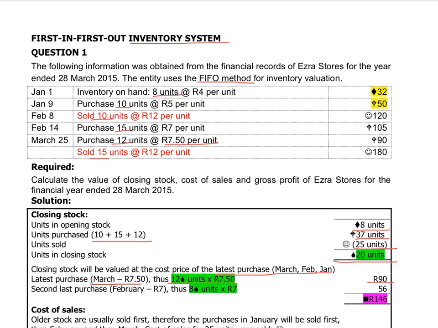We've got 20 units left over. In the last purchase there's 12 units, so we must have 8 units from the second last purchase, when we bought goods at R7. So 8 times 7 gives me 56, and that will give me the total value of closing stock as 146.